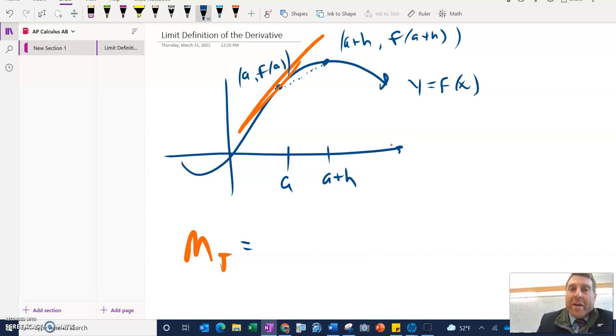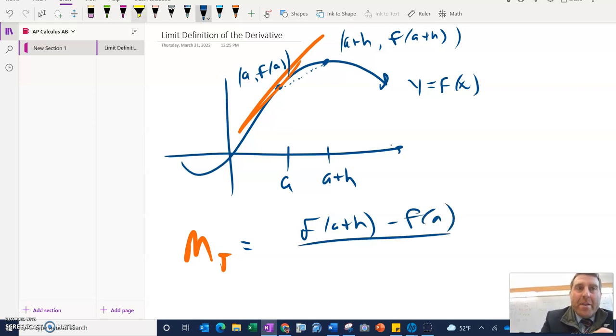And so what we did is we said, okay, let's first find the slope of this secant line here, right, between those 2 points. And we said, all right, well, that's going to be just the change in y, which is that y value here, f of a plus h, minus the other y value, f of a, right? That's a change in y over now the change of x. Now the change of x is pretty easy because of the way in which we set it up.